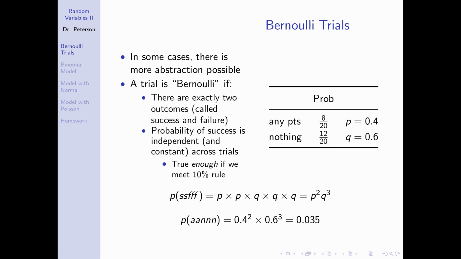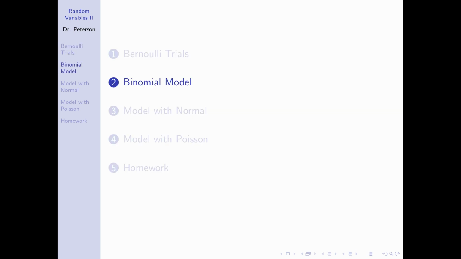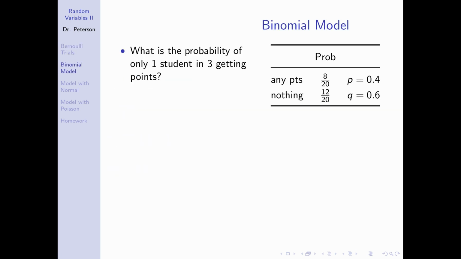Now this is great, but we can take this a step further by using this binomial model. What if we want to know the probability of only one student in 3 getting any points in this game? Is it just 0.4 to the first times 0.6 squared equals 0.144?